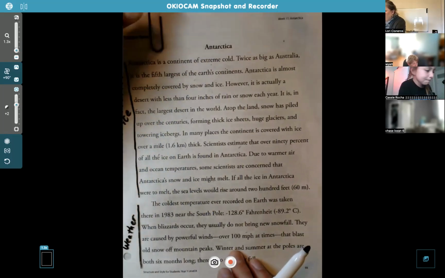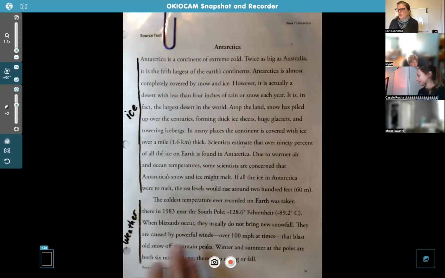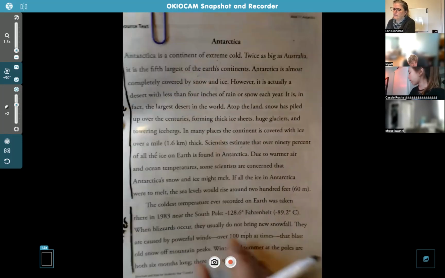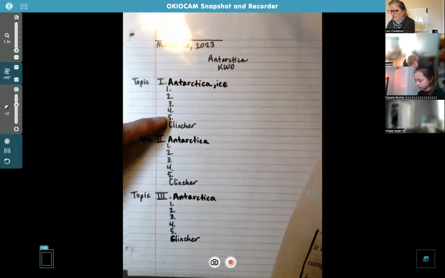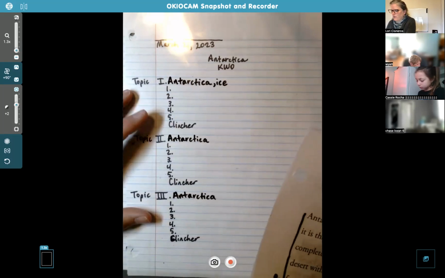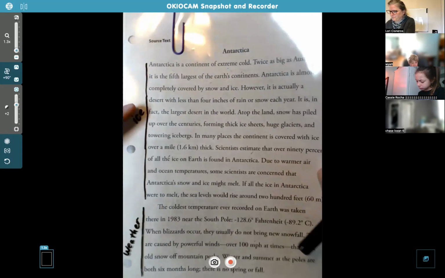And I'm going to reread just this first paragraph to help us pick out some things we want to talk about with the ice. So I need to pick 5 facts. So remember, they go here, 1, 2, 3, 4, 5. 5 things that we want to write about the ice in Antarctica.